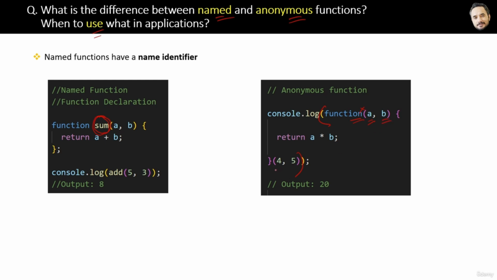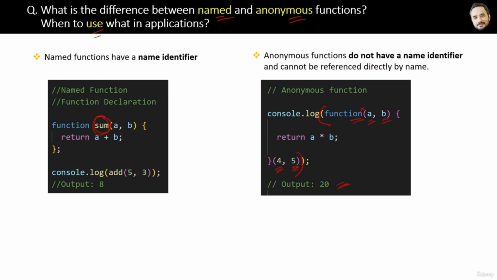And from here we are passing the values 4 and 5 for these two parameters a and b. And finally we are getting 20 as the output. The definition of an anonymous function is: anonymous functions do not have name identifiers and cannot be referenced or called directly by name like we can call named functions, right?